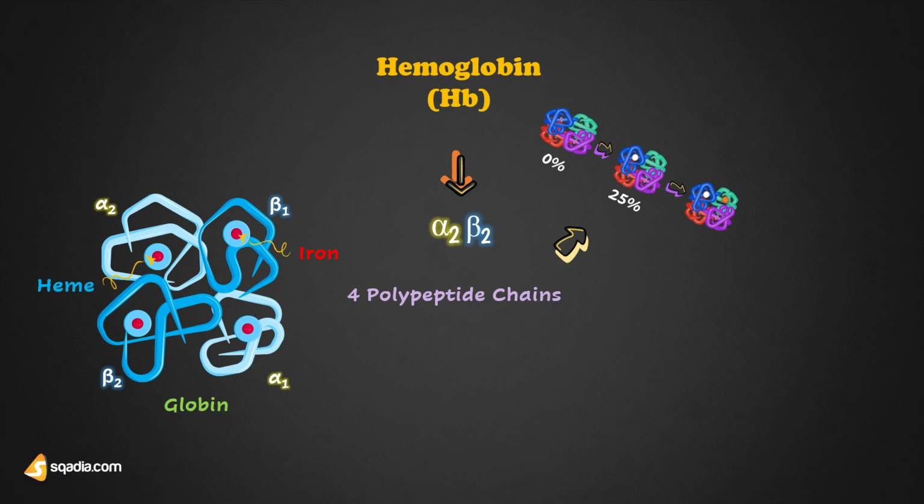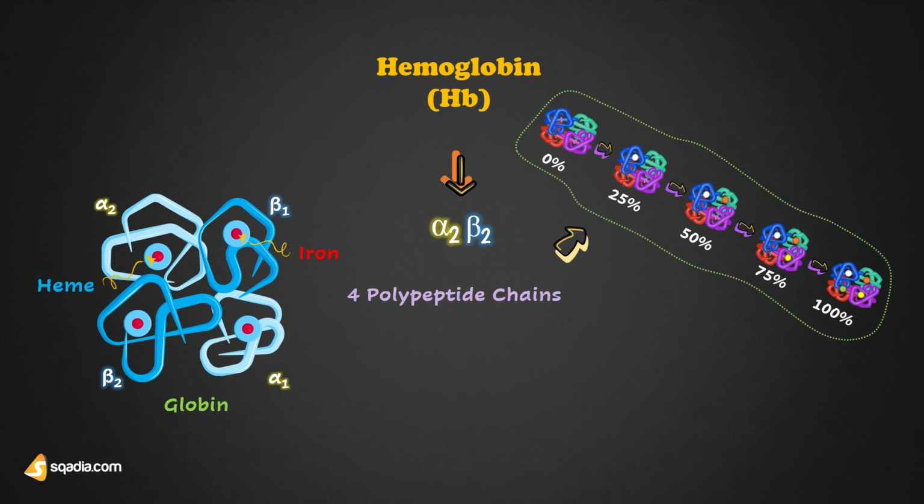While, if it has 2 oxygens bound, it still has space to bind 2 more. So we can say that it is 50% saturated, whereas hemoglobin bound to 3 oxygens, still having the capacity of 1 more, is said to be 75% saturated.